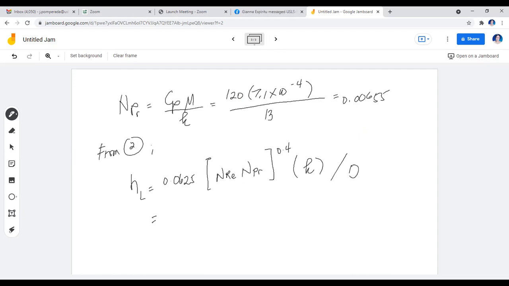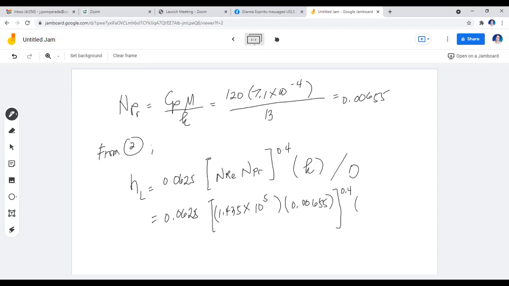So that will lead us to hL. Substituting everything, the Reynolds number is 1.435 times 10 raised to 5, and the Prandtl number is 0.00655. The product of these two should be raised to 0.4.